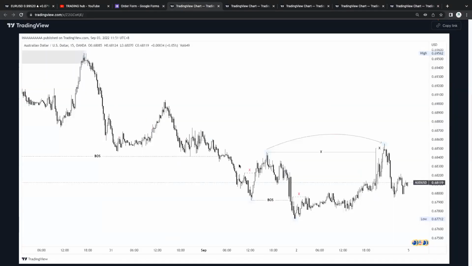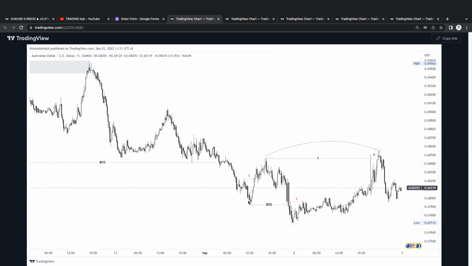I don't know what you did here and how you explained it, but as per the structure, this looks good. Break the structure is here. Lower time frame, taking out the inducement, go higher, break the structure, taking out the inducement, new structure shift here.